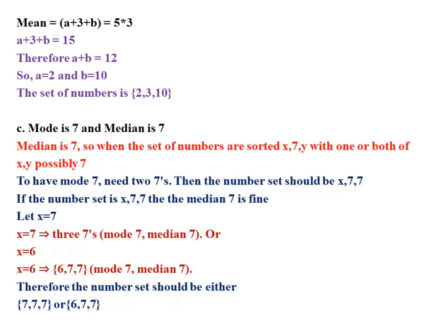At the same time, the problem says the mode is 7. Therefore, the number 7 should be repeated. So either x or y should be 7, or both should be 7. Or else x should be 6 and y should be 7. So the number set could be 6, 7, 7 or 7, 7, 7.